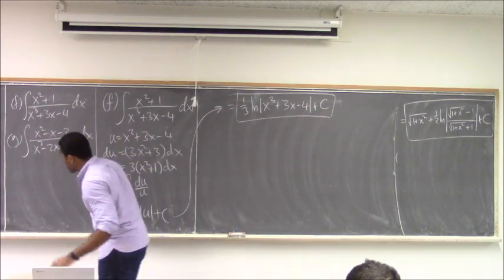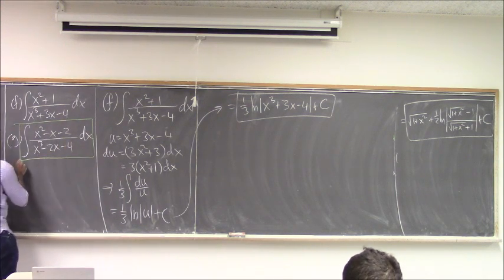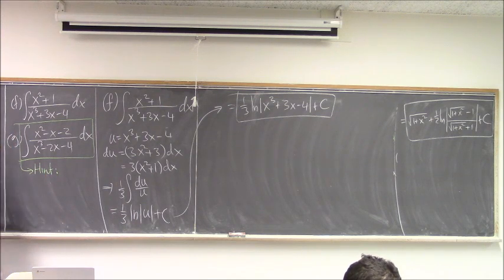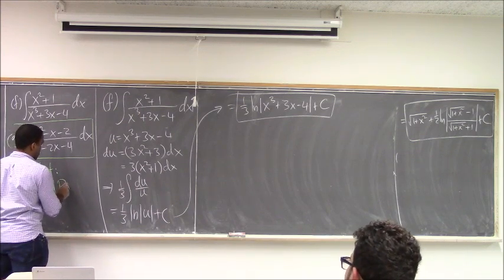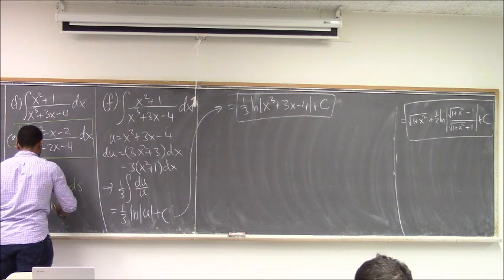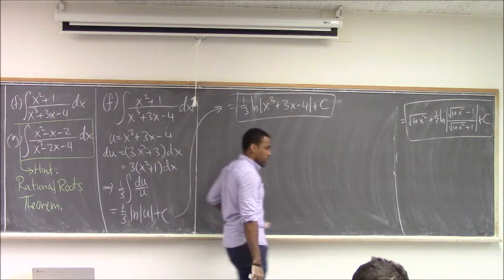So I'm not going to go over that right now. Try this for next time, and I'll give you a hint because I actually want you to look this stuff up. The rational roots theorem would be the hint. Using the rational roots theorem, you'll be able to figure out the answer to that.